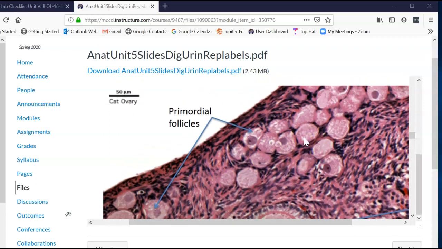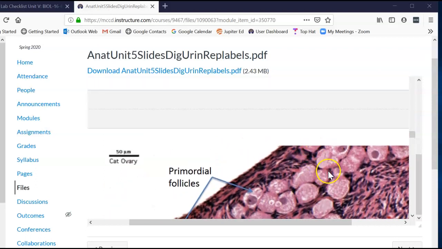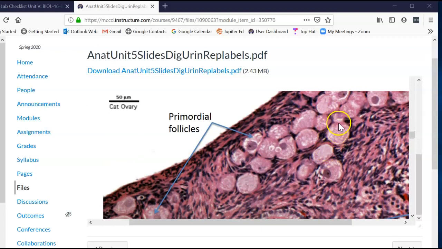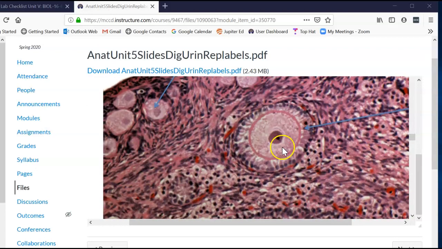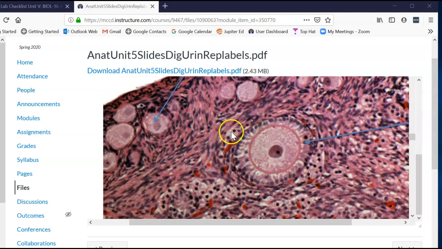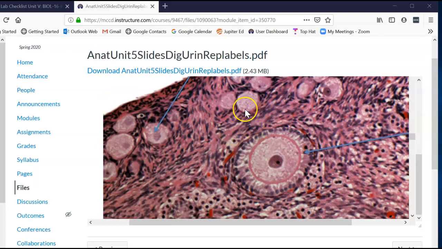And once the female reaches puberty, around age 12 or so, some of these primordial follicles will start to develop into other follicles, getting ready to release an egg every 28 days. So here, one of these follicles can be seen developing.